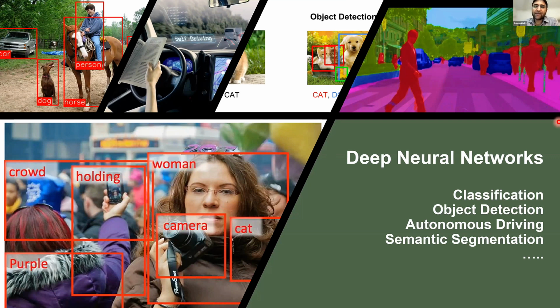One very important thing is that before the advent of deep neural networks, we had different kinds of algorithms for different kinds of applications.